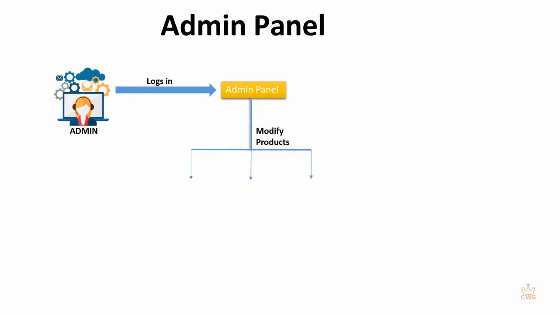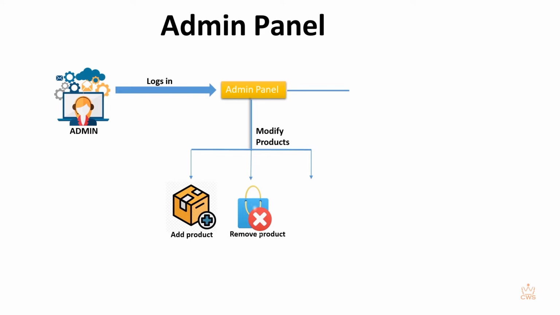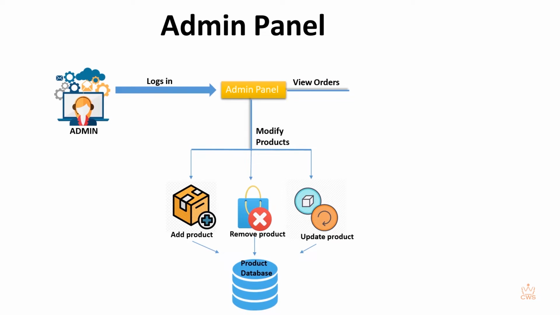Either he can add the products, or he can delete the product, or he can modify the product, as if he needs to modify the product name, the product description and change the price. The products are stored in database, so upon using above three functions, the product database will be altered automatically.